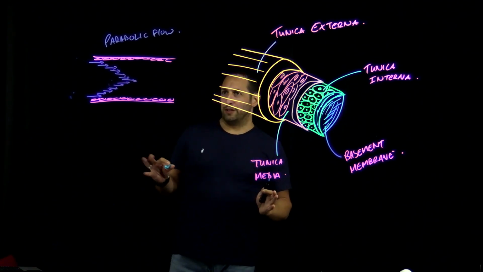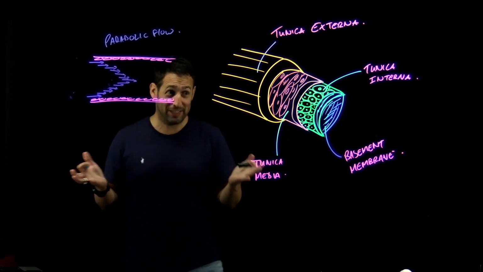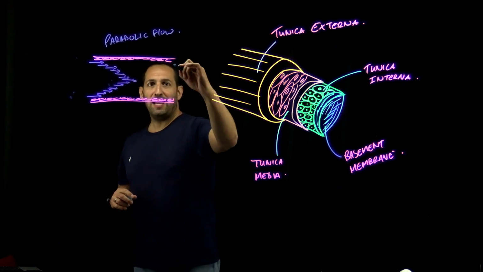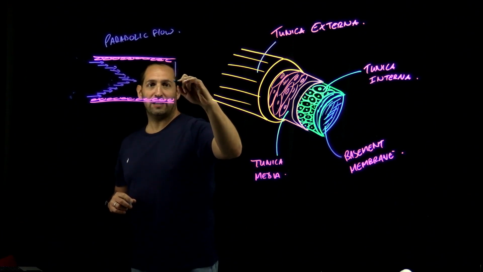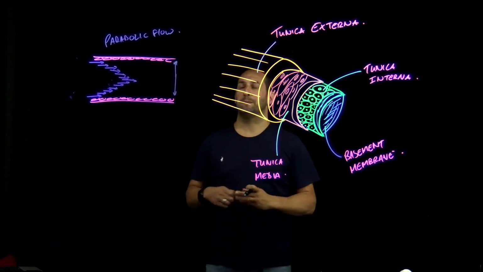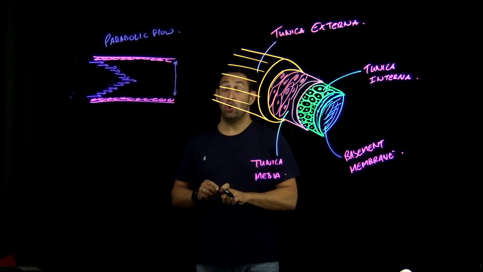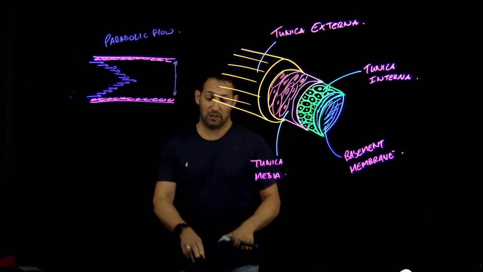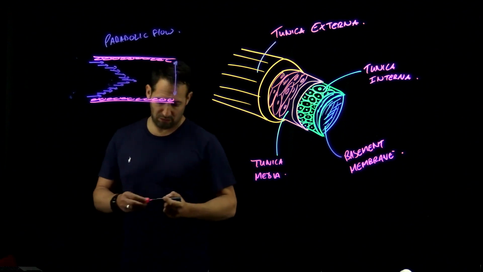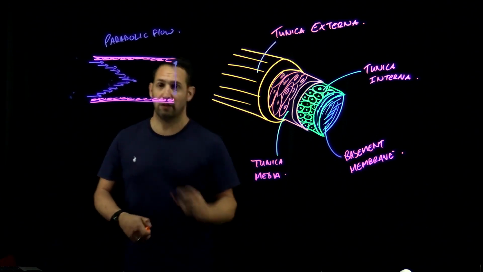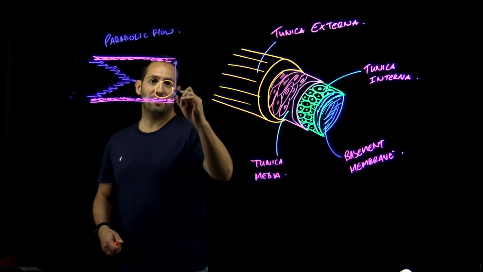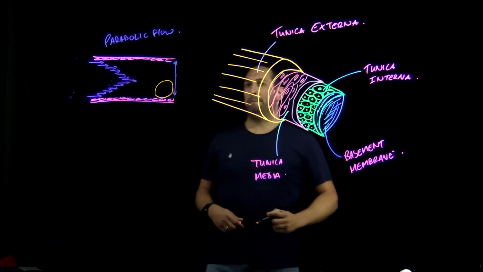Why is that important? Well, we've got to get our blood to wherever it is that it's got to go. So the size of this vessel is going to be important. What we don't want is a clot that's going to be kind of like this size, like that.